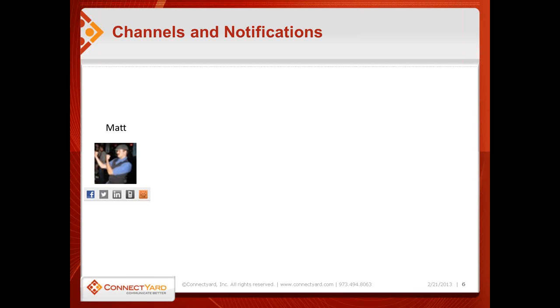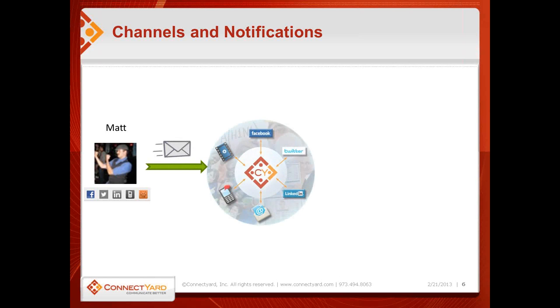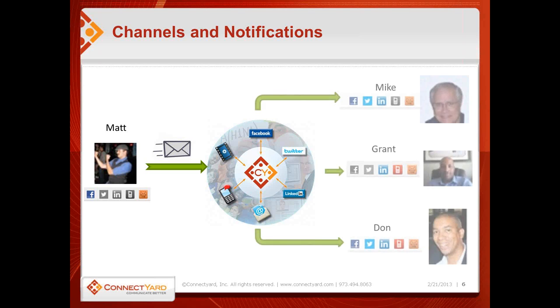Now what I'm going to do is I'm actually going to send a message via email to my yard in ConnectYard. And what's going to happen is it's going to get received by ConnectYard, and it's actually going to get posted into that yard. Now, what happens after it gets posted is it actually looks at the user settings in the yard and sees, okay, who's in the yard, how do they want to receive notifications for this message, and then it's going to route those messages to those users on those channels.